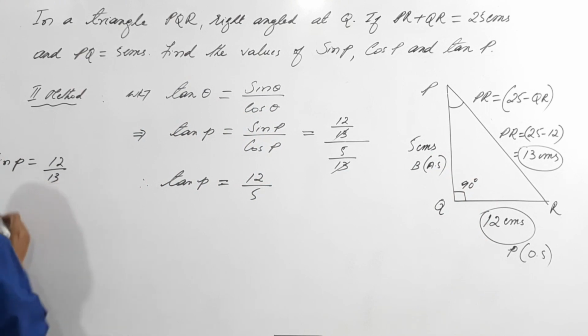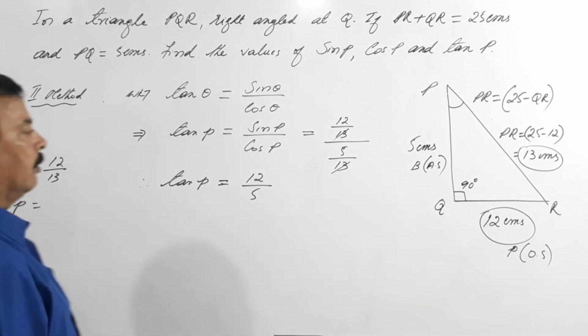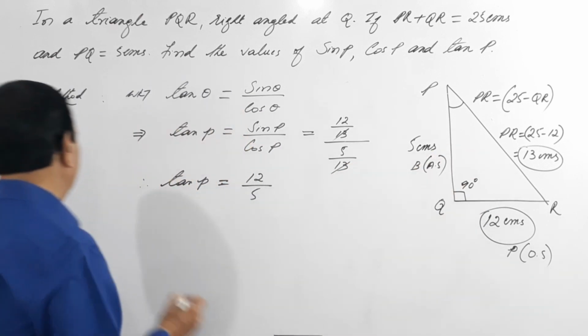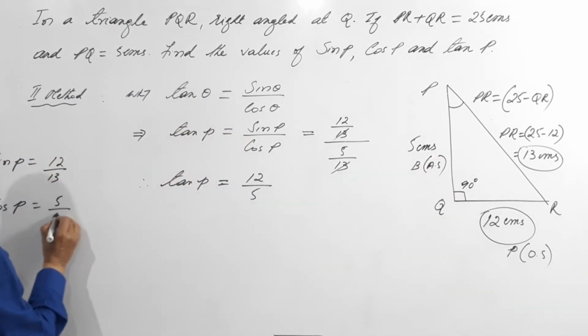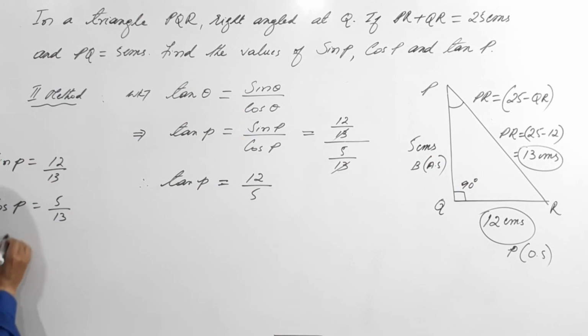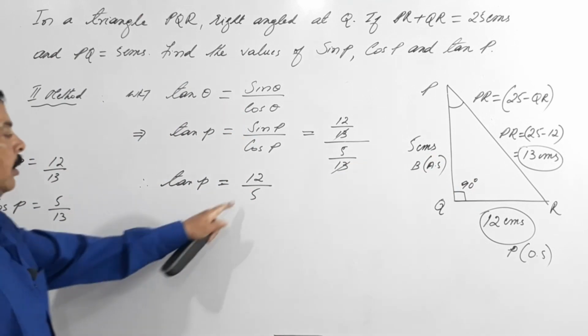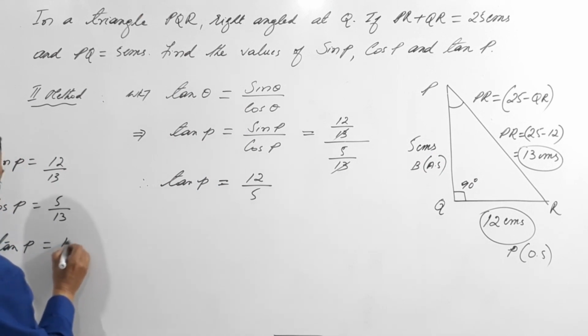Cos P was nothing but 5 by 13. And tan P equals to 12 by 5.